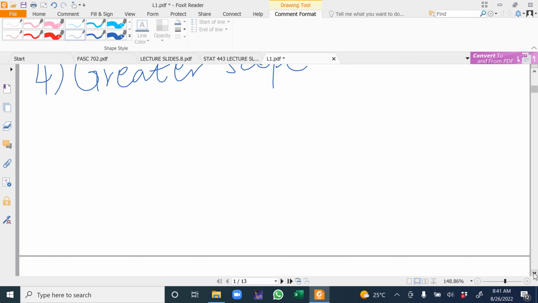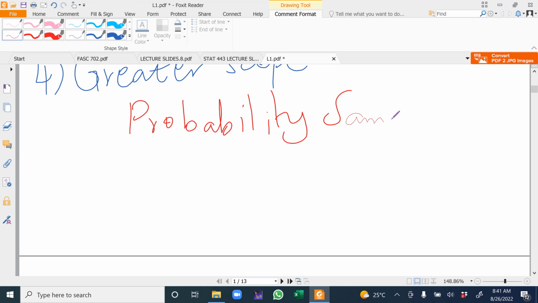So on probability sampling, we have the first one, which is simple random sampling.